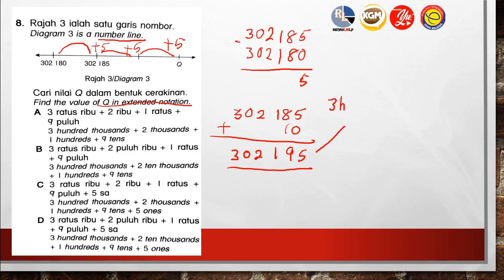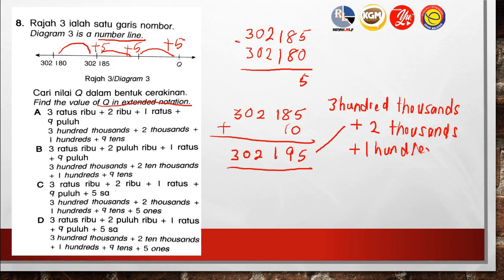So it's 300,000s plus 2,000s plus 100s plus 9 tens plus 5 ones.